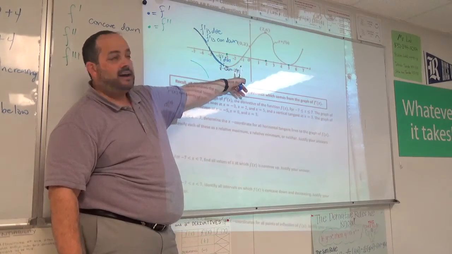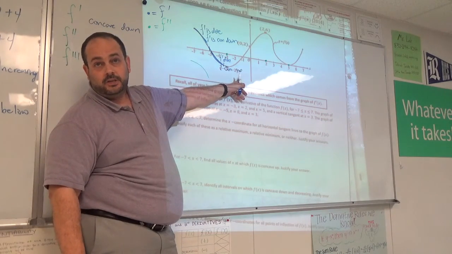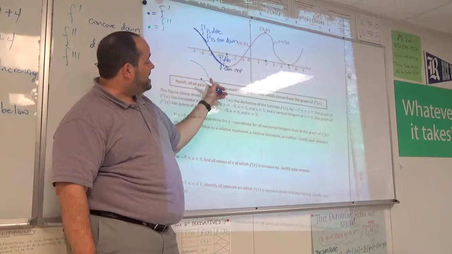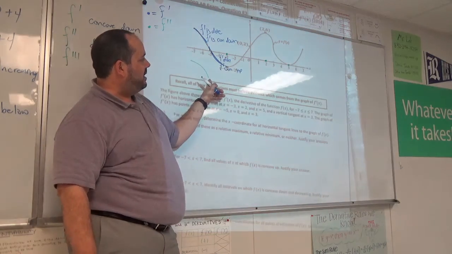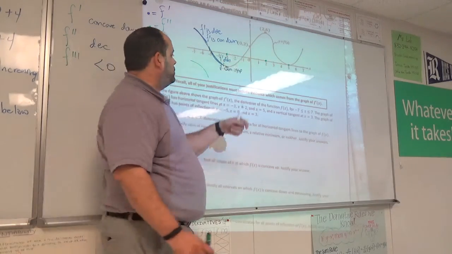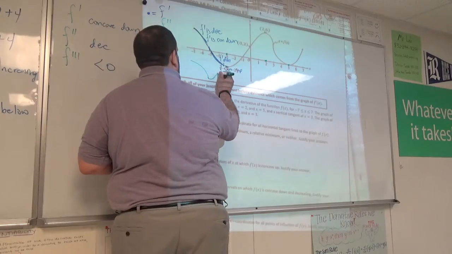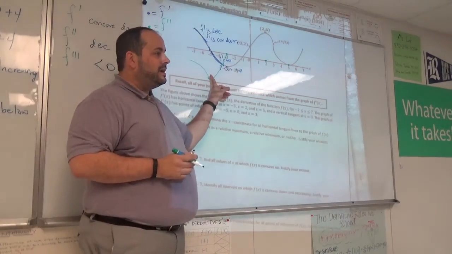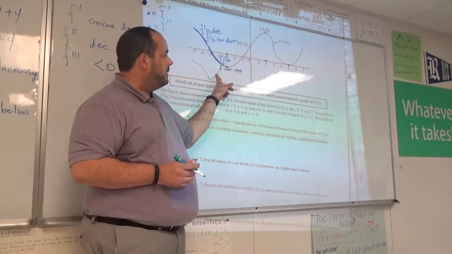And F prime is concave up, so F double prime is increasing, which maybe makes sense because I have to go from here and get up to my root. I knew I had a root, so I'm going to go negative and increasing. And it's okay. As long as I am negative and increasing, that's what I care about.